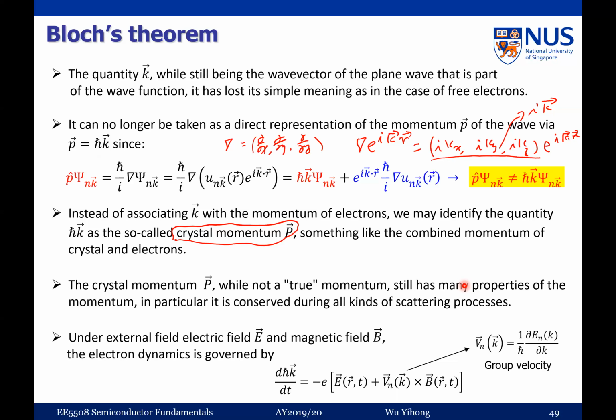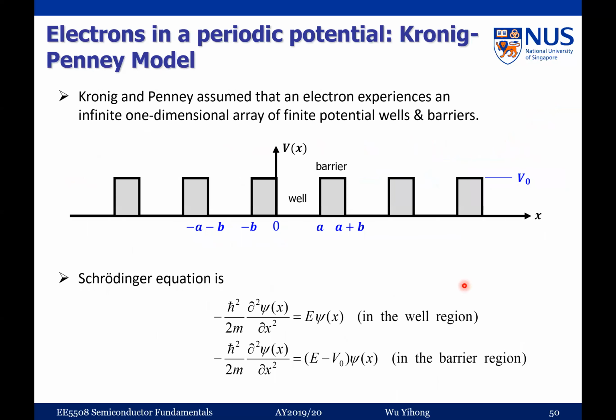In order to do this, we look at a very simple periodic electric potential first. It's described in almost all textbooks of solid state physics and semiconductor physics. This is called the Kronig-Penney model. In this model, we assume that we have this kind of periodic electric potential, right?